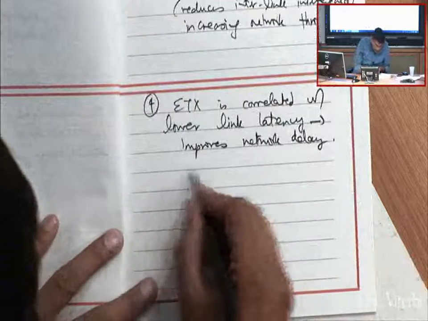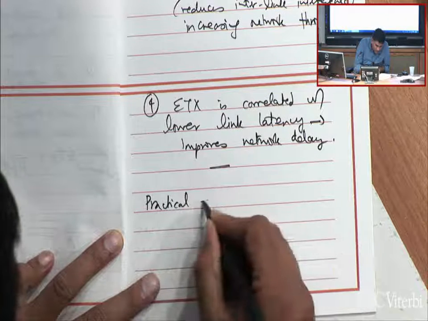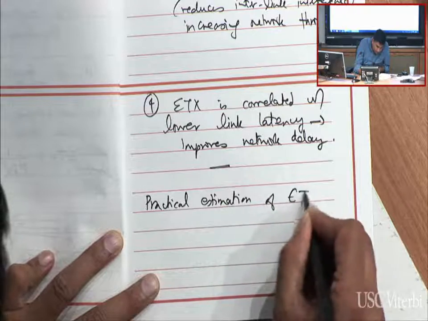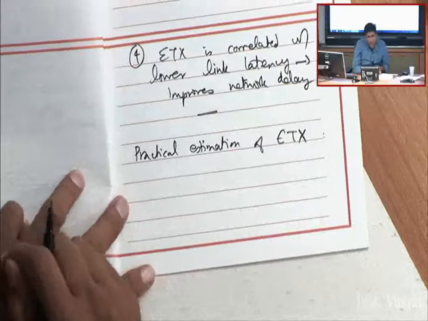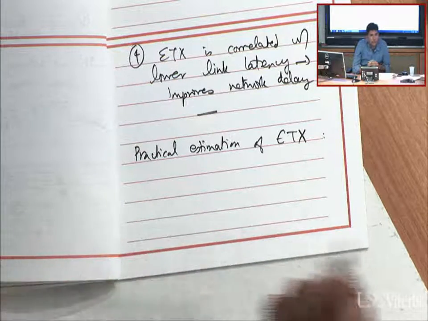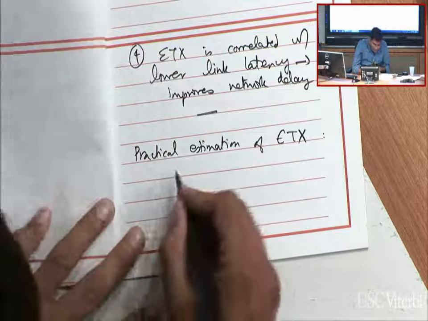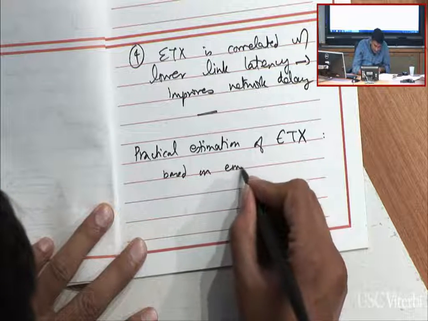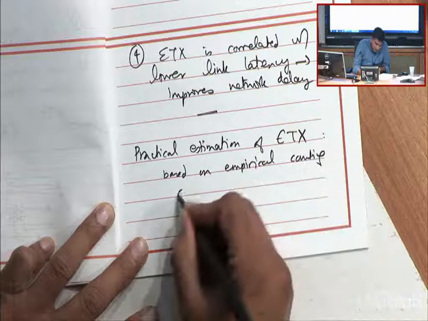So that brings us to sort of practical estimation of ETX. In most network protocols which want to use ETX as a metric, you have to compute for each node, for each of its neighbors what the ETX value is. And typically it's done based on empirical counting of retransmissions.